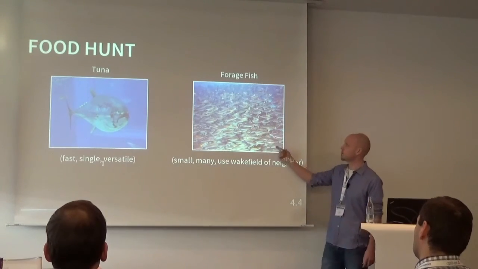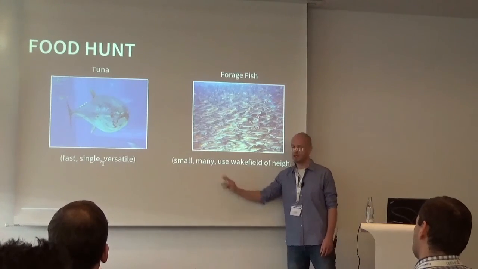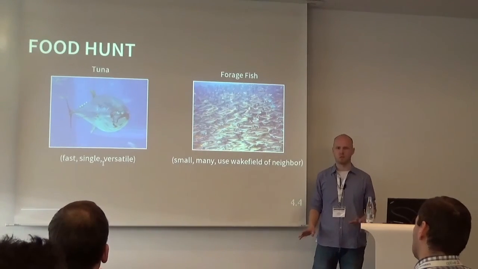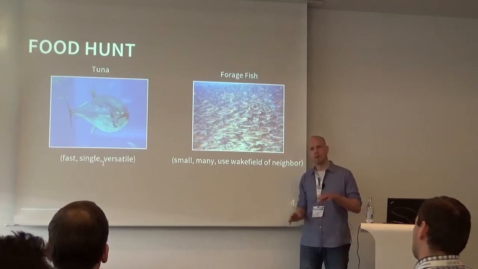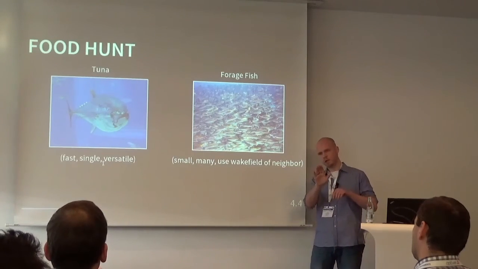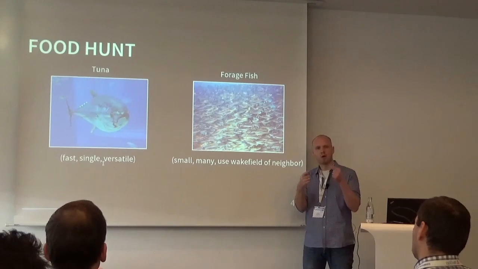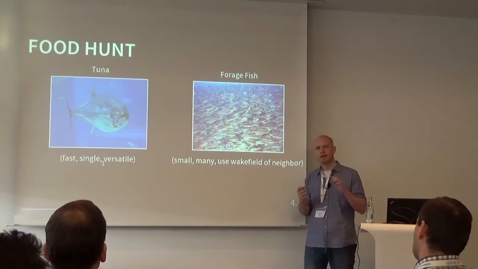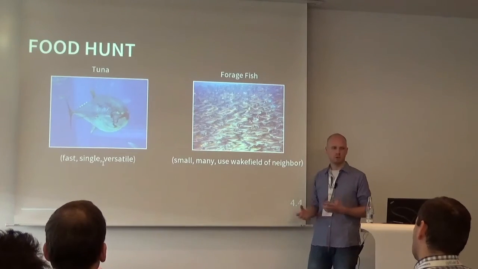On the other hand, if you look at forage fish, individually very small, there are very many, not very capable, right? But I don't know if you guys know this, when they are in their forage fish school, the wake field of one fish is exploited by the neighboring 2 to actually suck in or accumulate food. And this is an almost one-to-one mapping to CPUs versus GPUs.